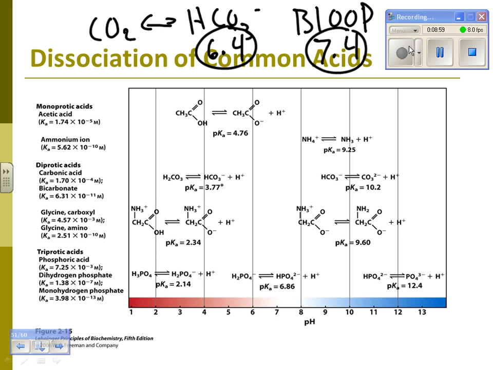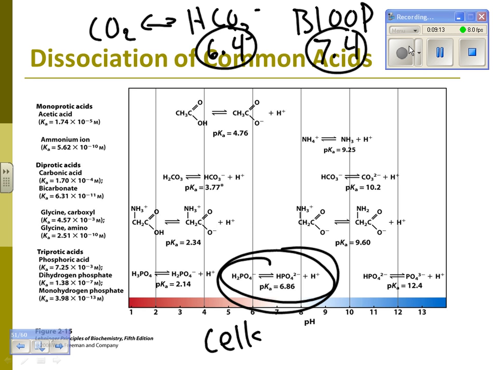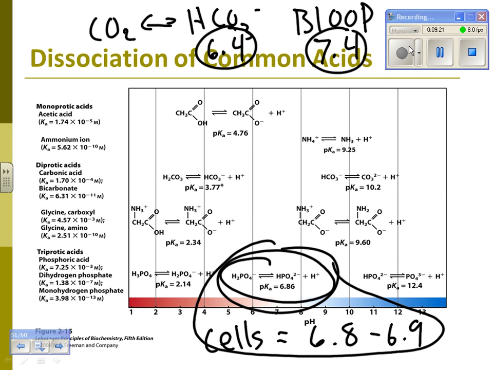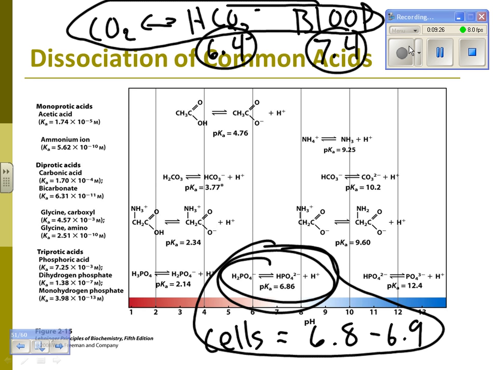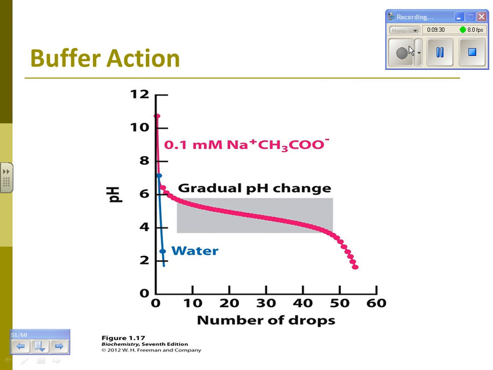The other thing to know is phosphate. So right here, the pKa of 6.86, this is buffering the cells. And the cells have a pH of somewhere between 6.8 and 6.9, depends. So associate phosphate with cells and CO2 and bicarbonate with the blood. I would know those numbers.